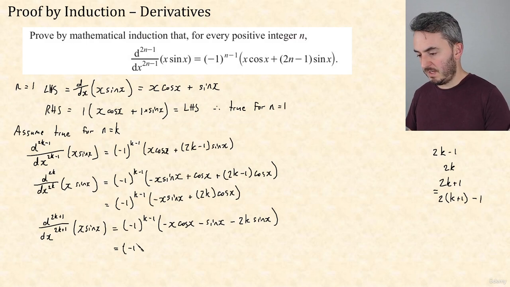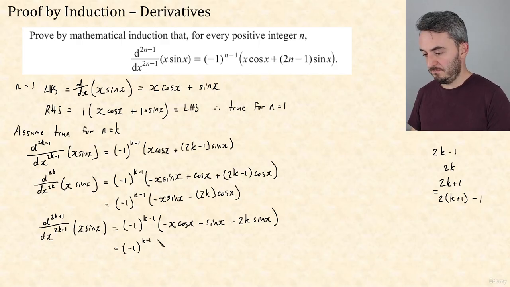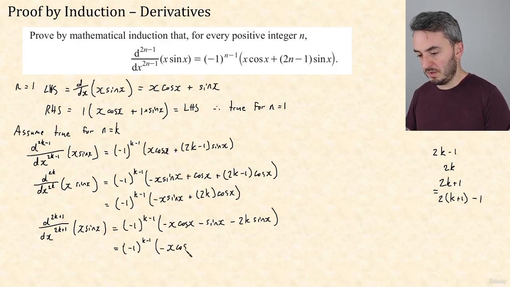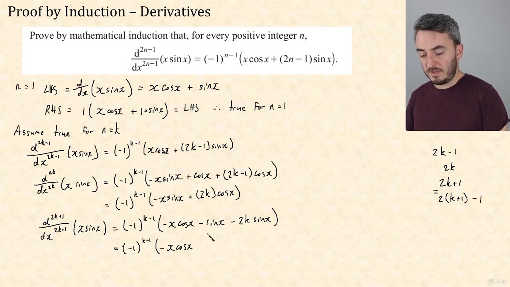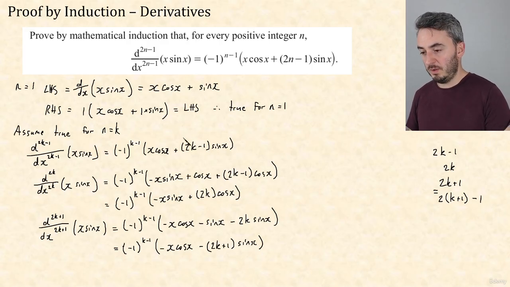So first step, I'll need to come back to this, because obviously I'm hoping for not k minus 1 but k there in the end. So how many cos x's? Well, it's minus x cos x, and then, how many sine x's? It's minus 2k minus 1, so that's minus 2k plus 1. That's how many sine x's I've got. Okay, this is almost exactly what I want, because think about what would happen here if I replaced k with k plus 1.